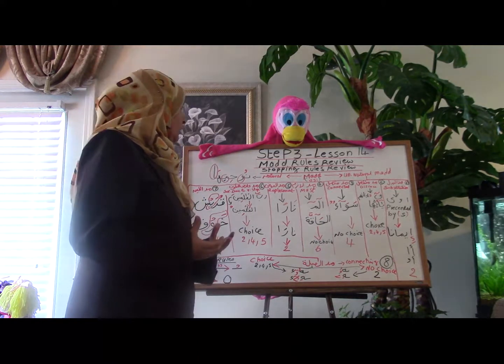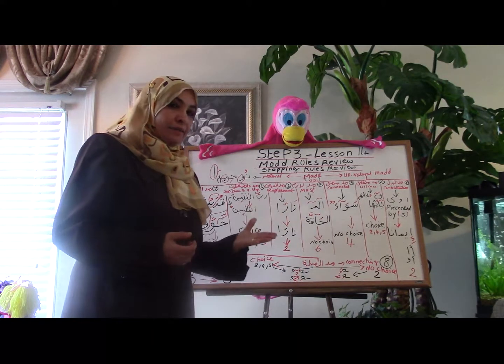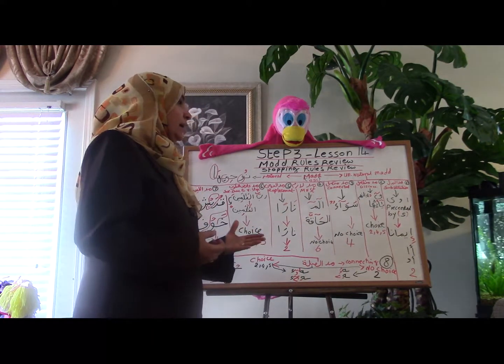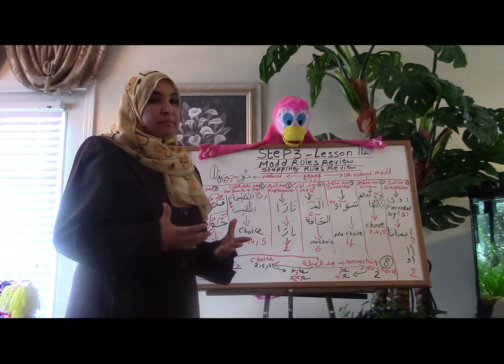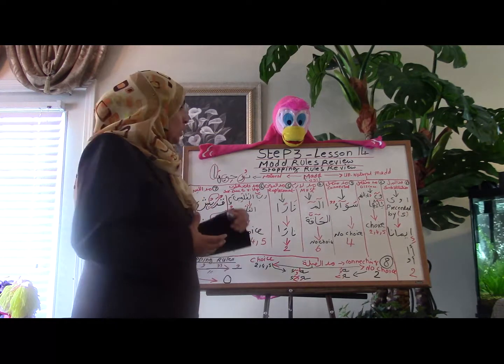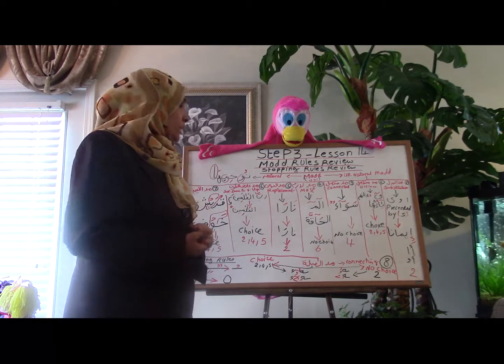Like the word kitab. Kitab has an alif with a long vowel, and if I take the alif out, the word will not give the same meaning. Kitab means a book. So if I take the alif out, the meaning will change.